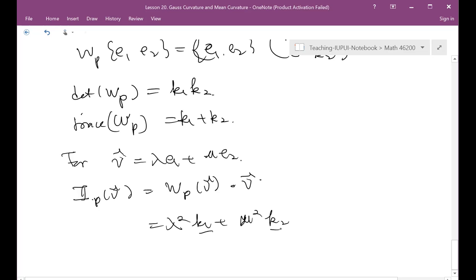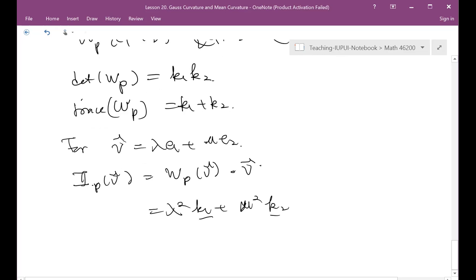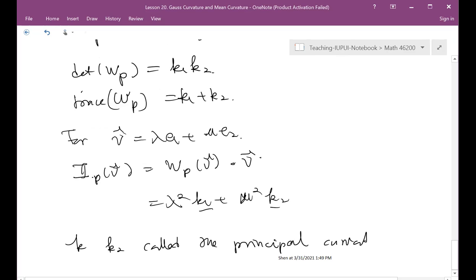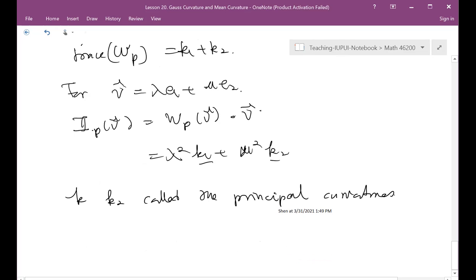So those two numbers are so special, and we call these two numbers the principal curvature. Okay.